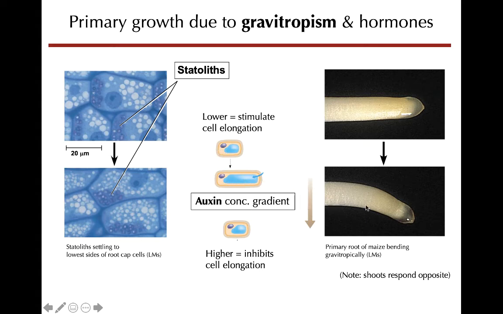The concentration on this bottom side here towards gravity has a lot of auxin, so it's a high concentration, which means the cells actually don't elongate. So if you have cells elongating on the top but not the bottom, that bends the root towards gravity, and that's why even if you turn a plant upside down, the roots will turn around, if you will, and grow towards gravity.